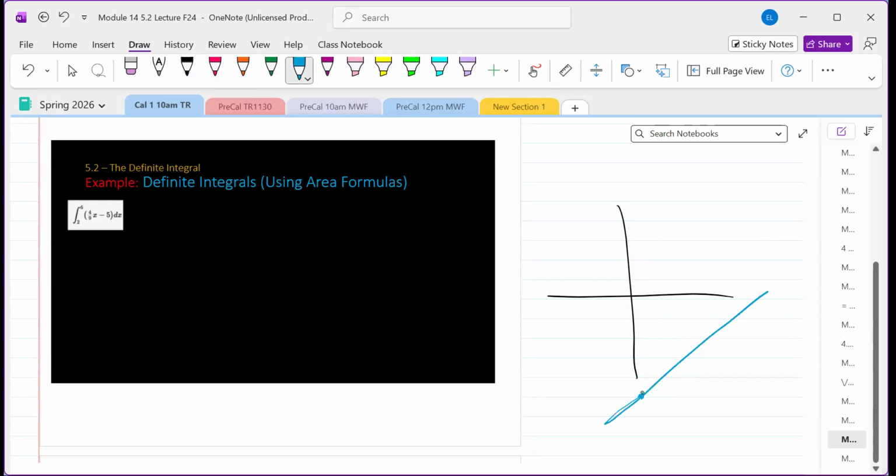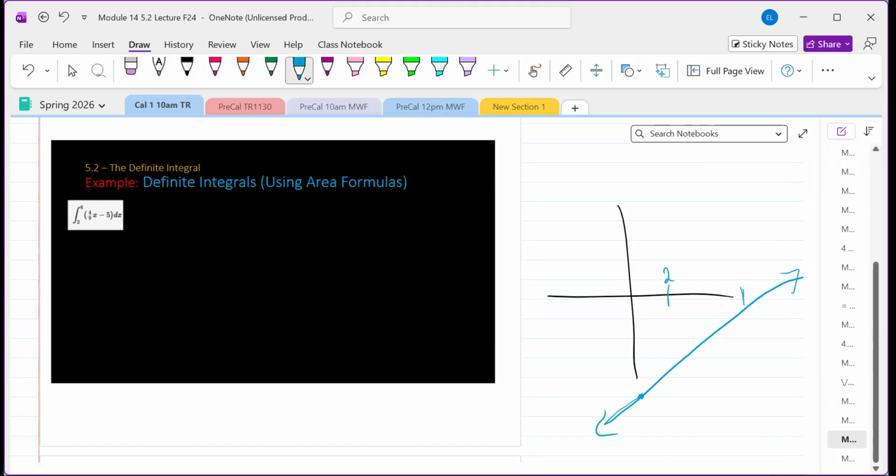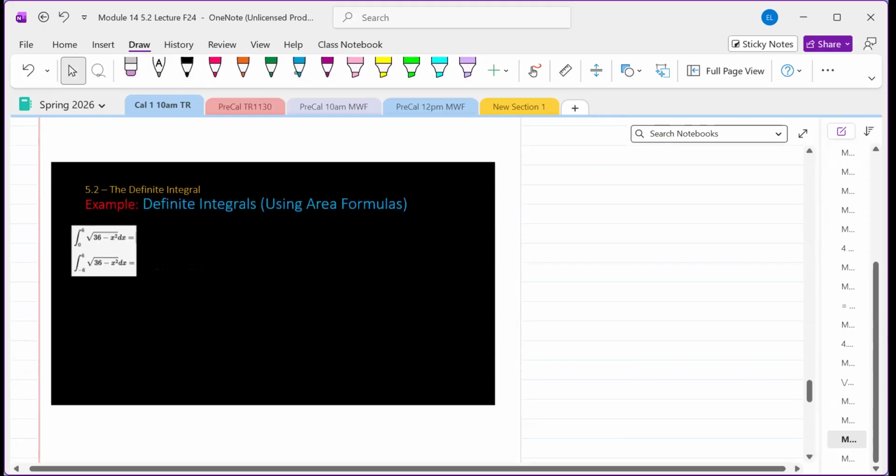So it's pretty like that. So if I look at the values from 2 to 6, this actually creates a trapezoid that we could find the area of. I'm going to skip the actual hard work on that one, though.